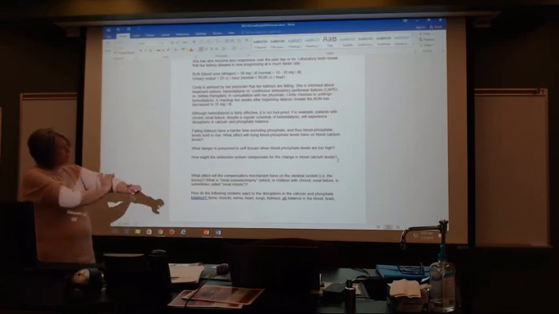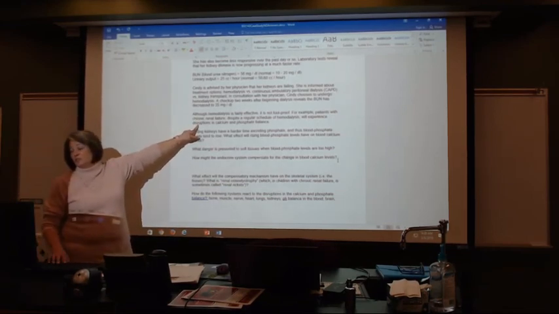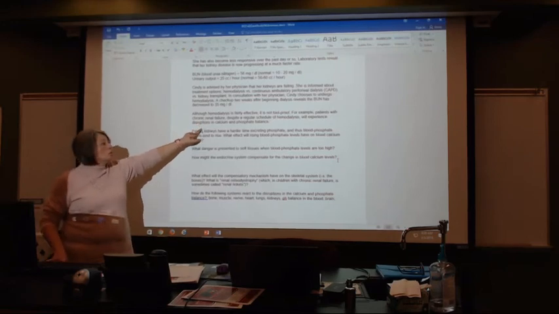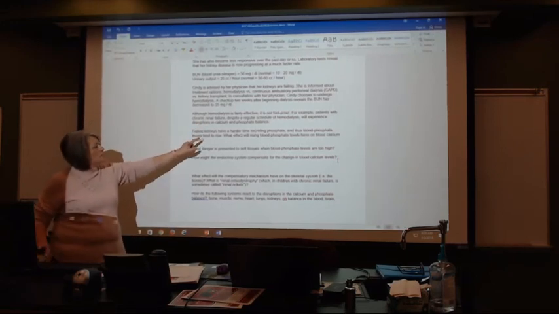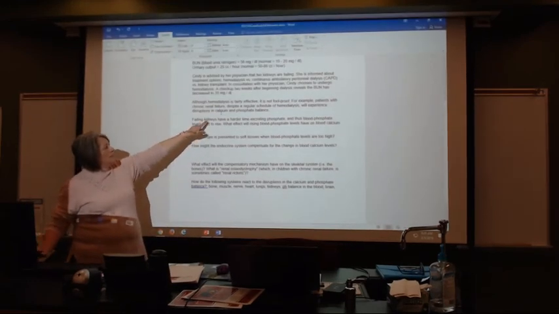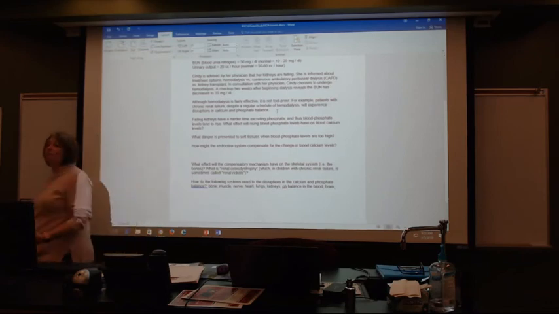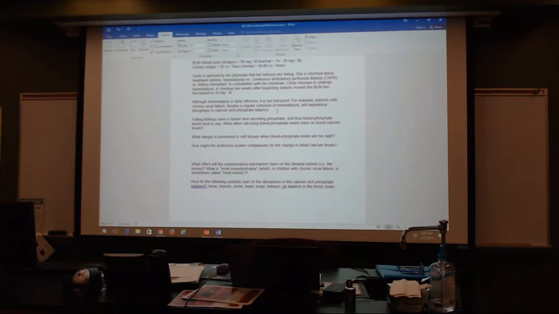Now, we can see some of the issues that come along with hemodialysis. One of the things that will happen is it's going to mess up their calcium and phosphate balance. One of the things we've talked a lot about is ions.